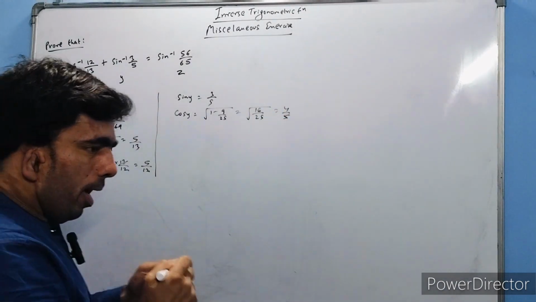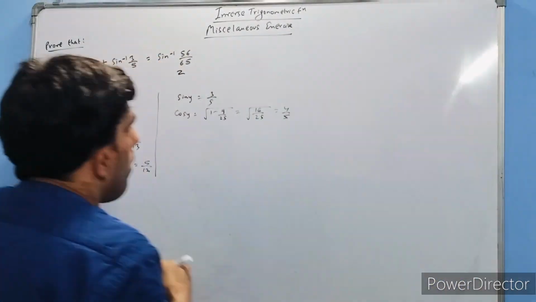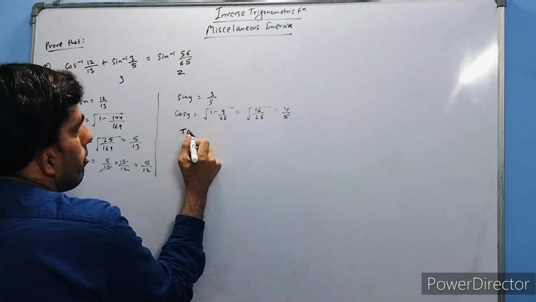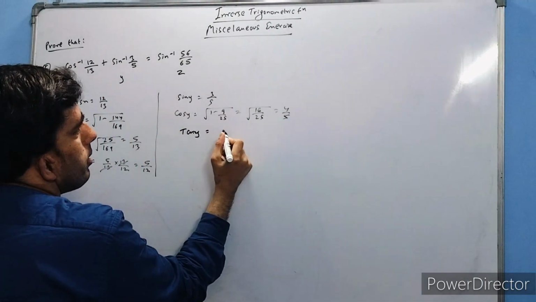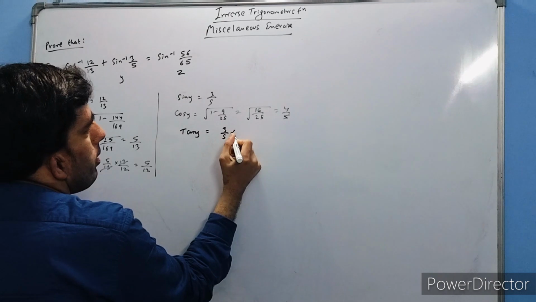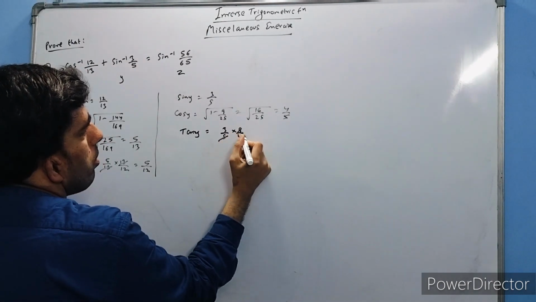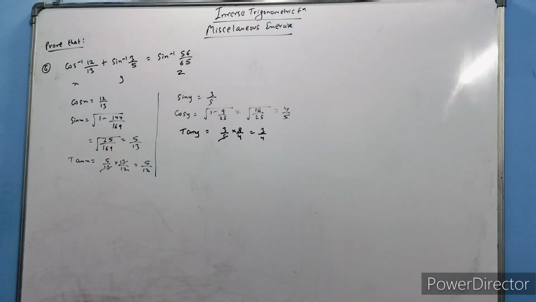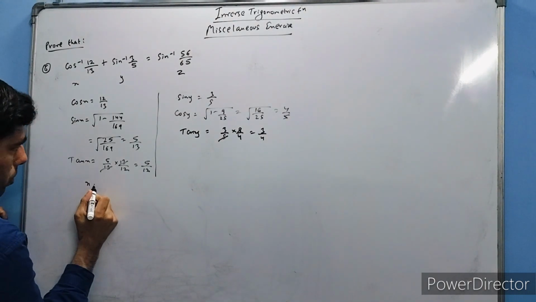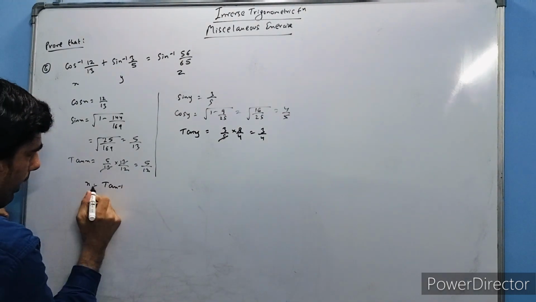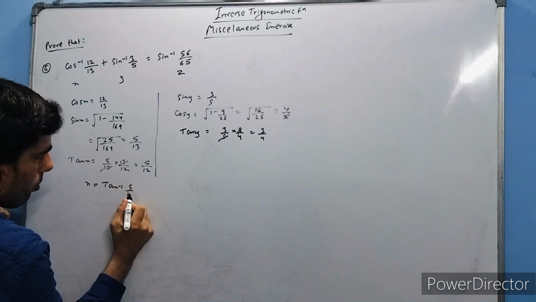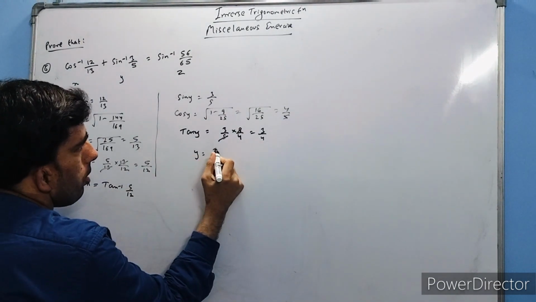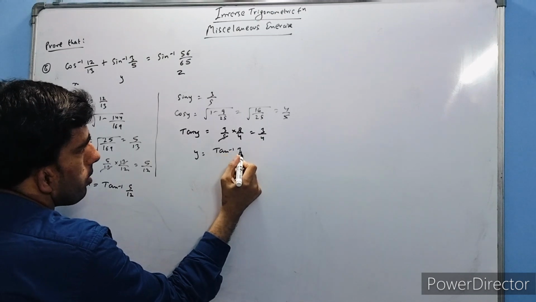Okay, now we'll try to find tan y, that is 3 upon 5 into 5 upon 4. We got 3 upon 4. So we got x is equal to tan inverse 5 upon 12 and y is equal to tan inverse 3 upon 4.